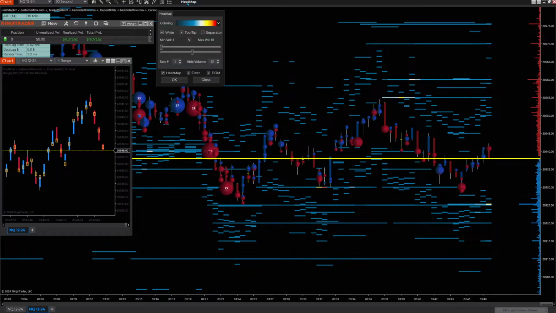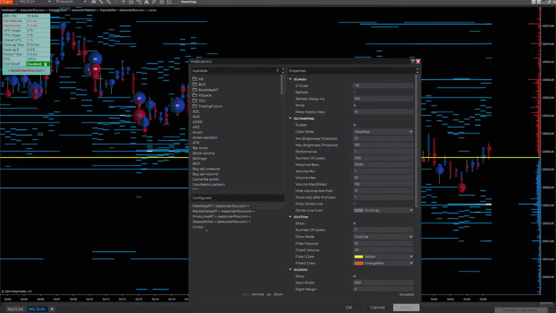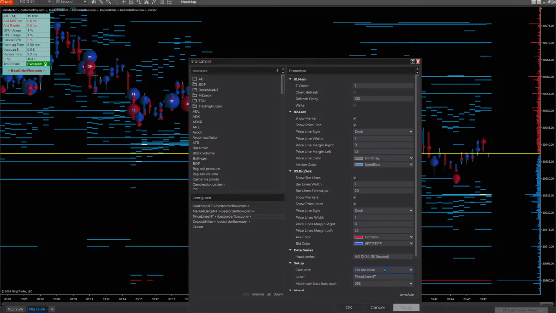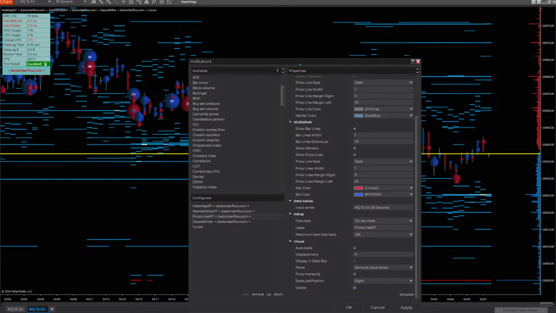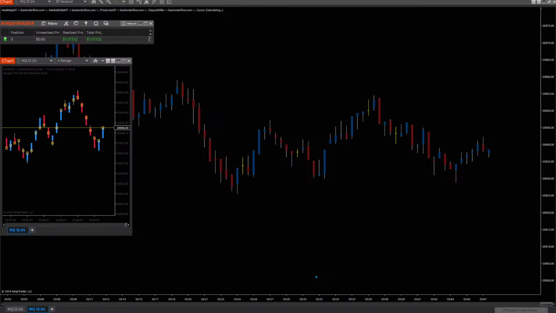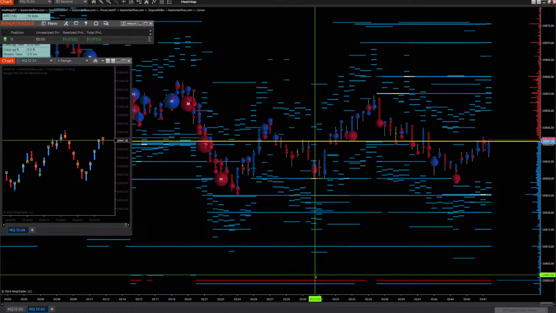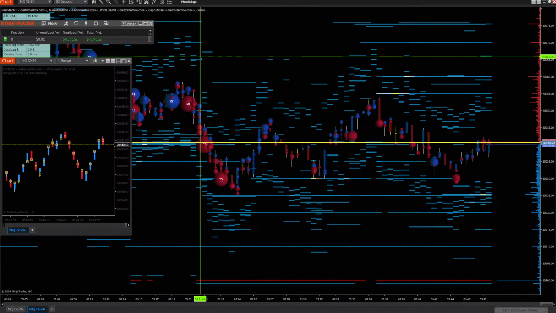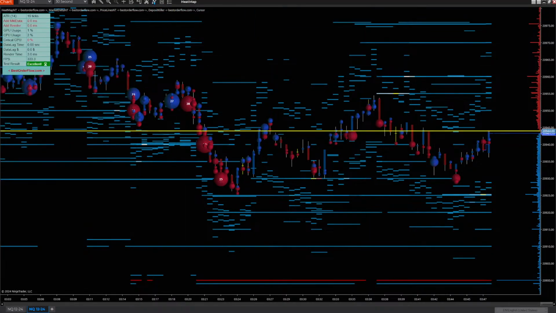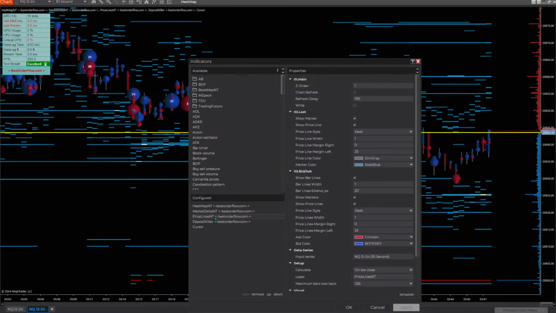Another thing people see on their heat map is the price line. I can activate it to make it visible. Let me see why it's not visible. Okay, the market depth, the price line NT.